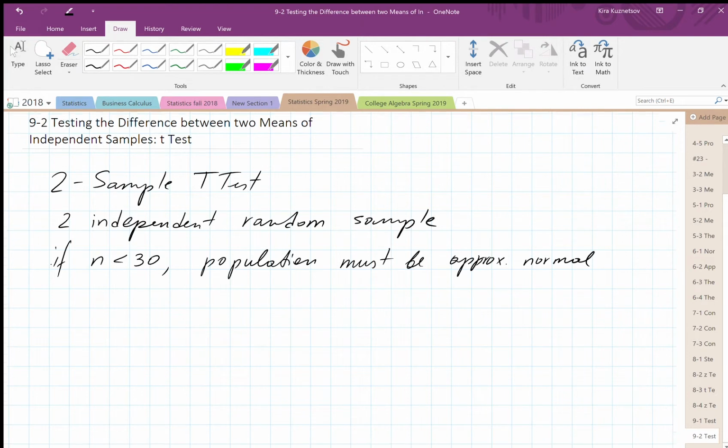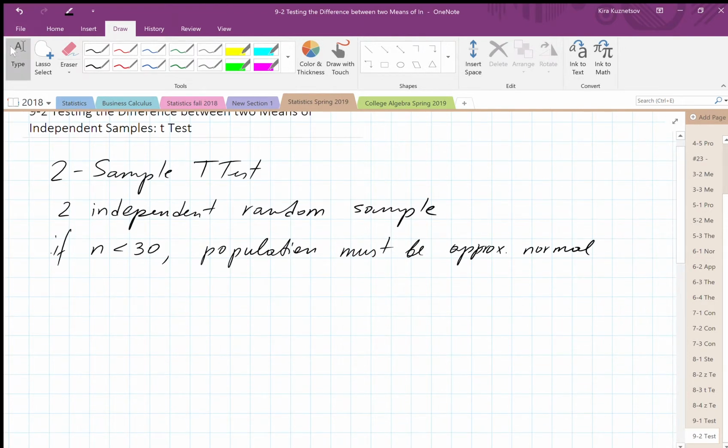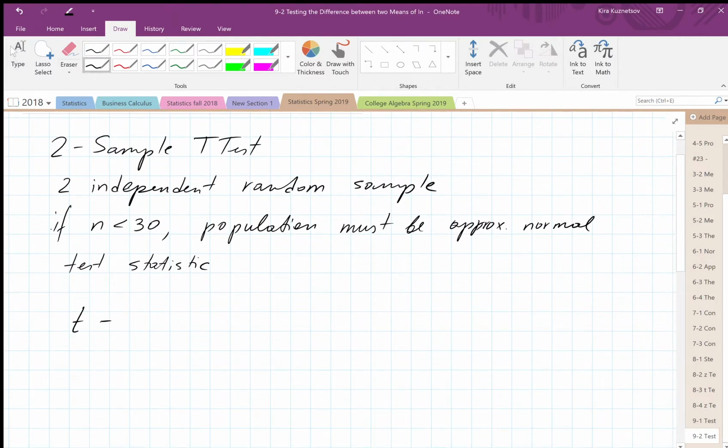So the test statistic that is given to us within this test is now a t, because we're not running a z-test, we're running a t-test. It is a slightly different normal distribution that has a larger variance, and therefore the notation is slightly different.